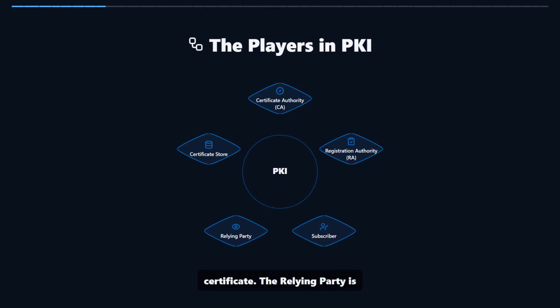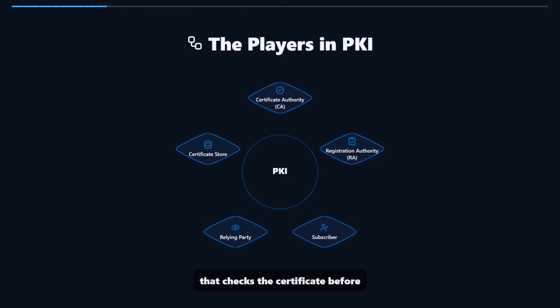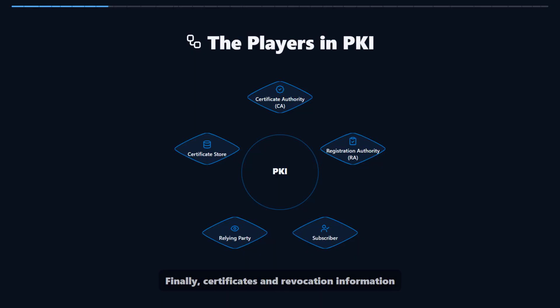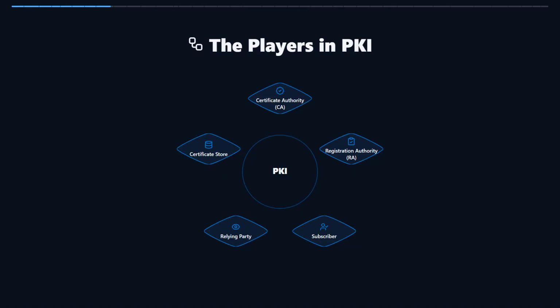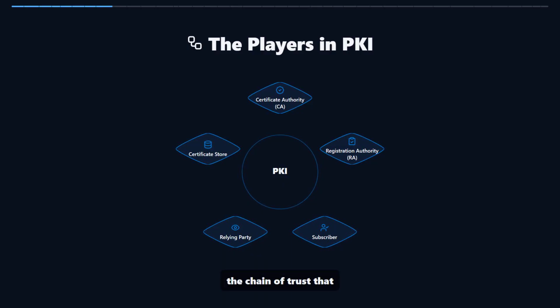The relying party is the browser, application, or user that checks the certificate before deciding whether to trust it. Finally, certificates and revocation information are published, so systems can verify that certificates remain valid. Each component has a different responsibility, but together they create the chain of trust that secures modern communications.